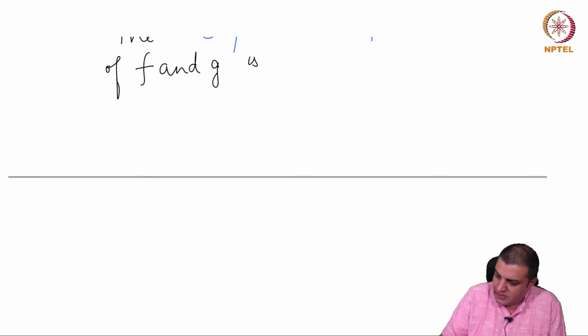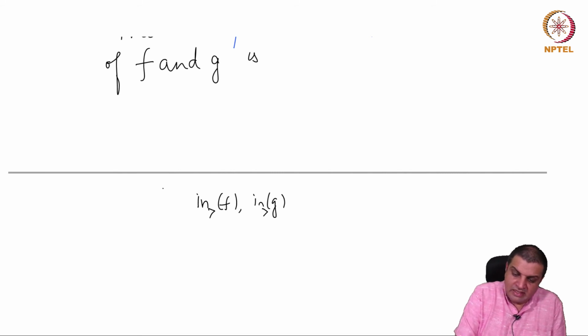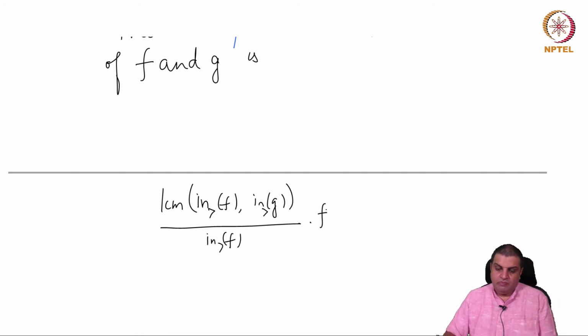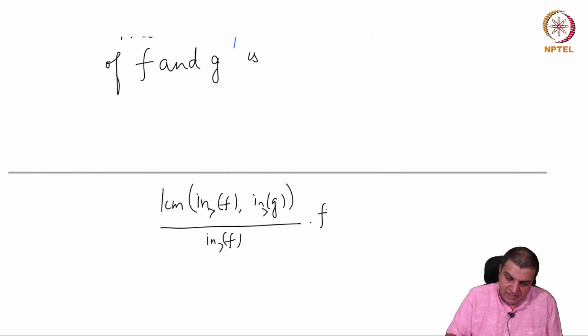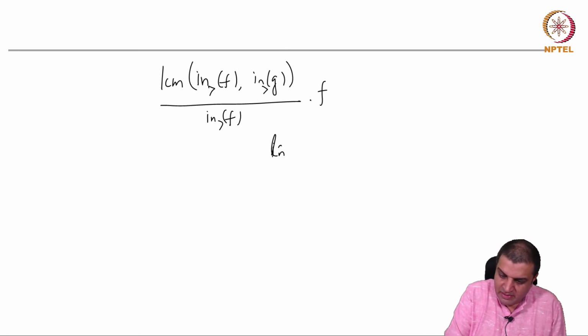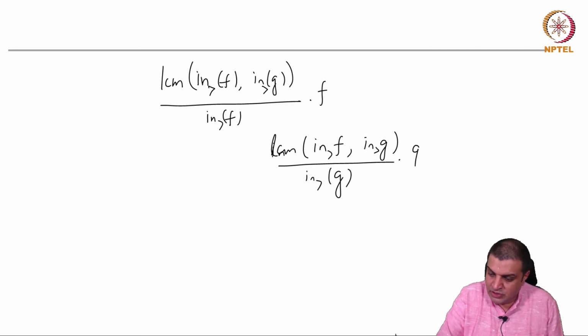Let me write it here. We take the initial term of f, the initial term of g, take their LCM, divide by the initial term of f, and multiply by f. Similarly, we do the same thing for g also. You take the LCM of the initial term of f and initial term of g, divide by the initial term of g, and multiply by g.